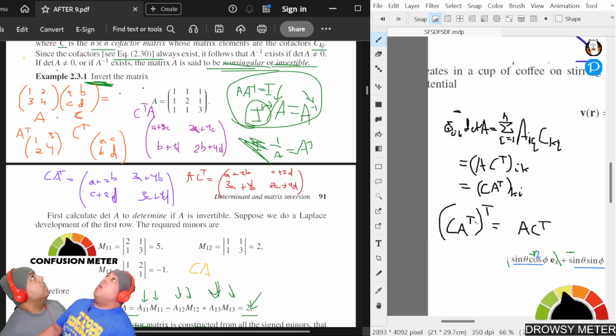The CAT transpose is over CTA, 3A. These guys are not really similar at all. So the transpose of the product of this is just the transpose of this is this.